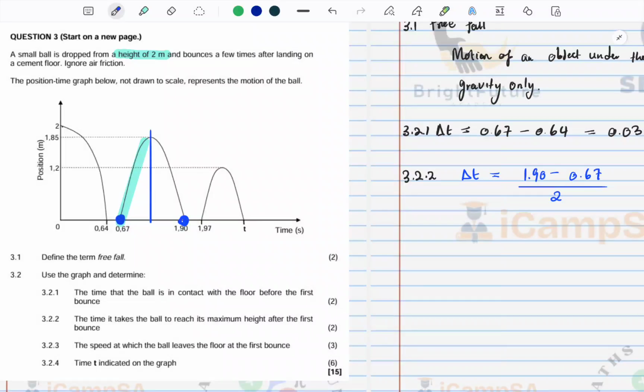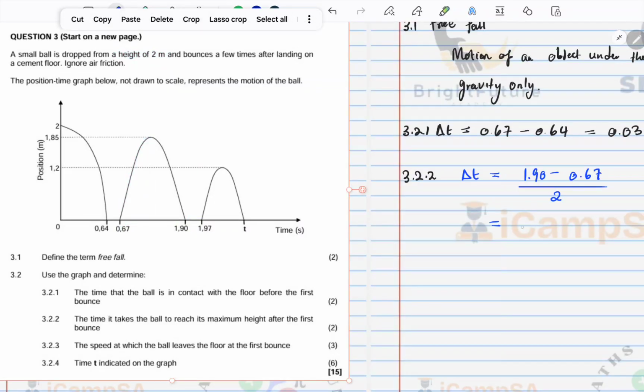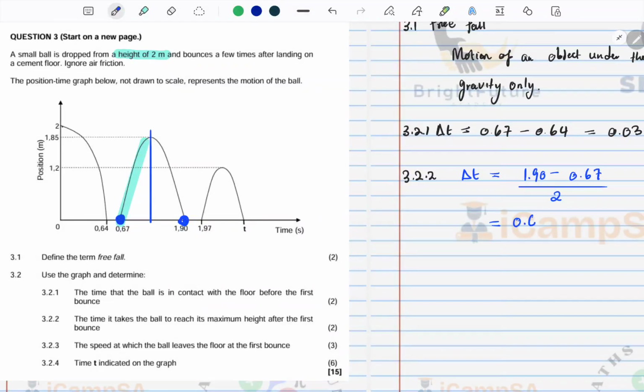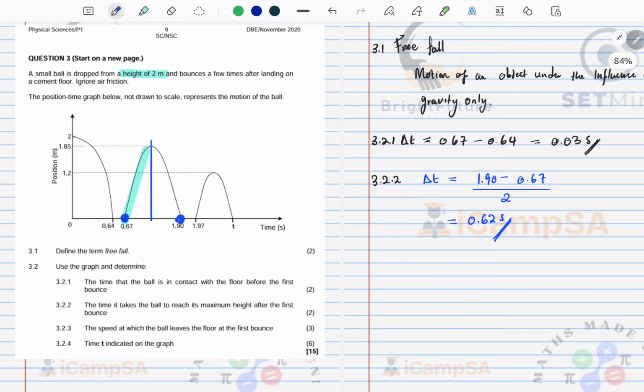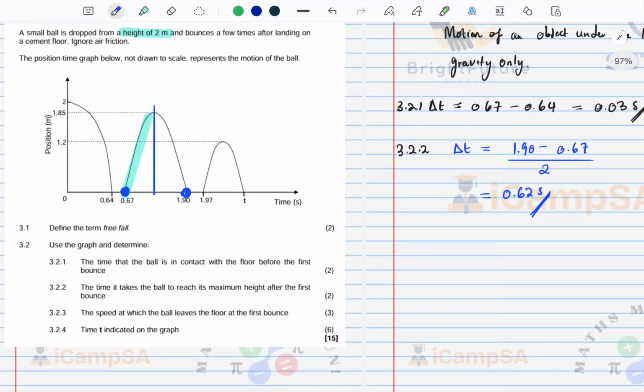That will be your 0.62 seconds. That's the time, just by using the graph, because they're saying use the graph to determine this, and that's what we are doing.